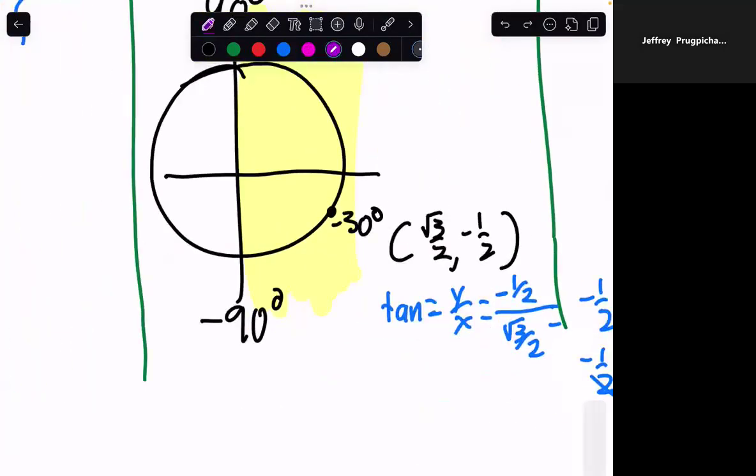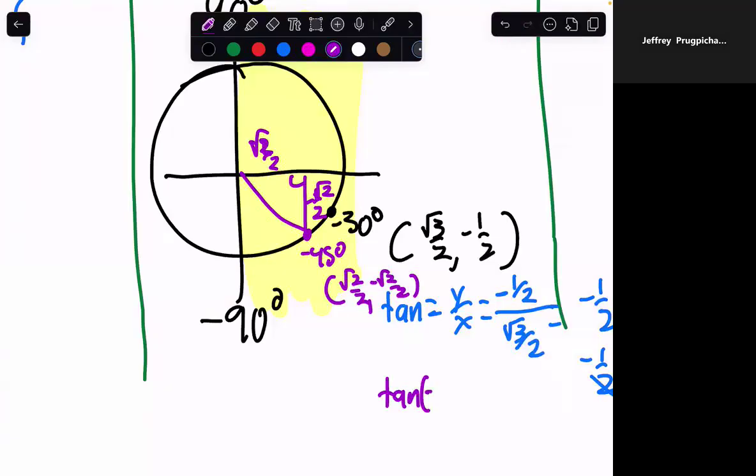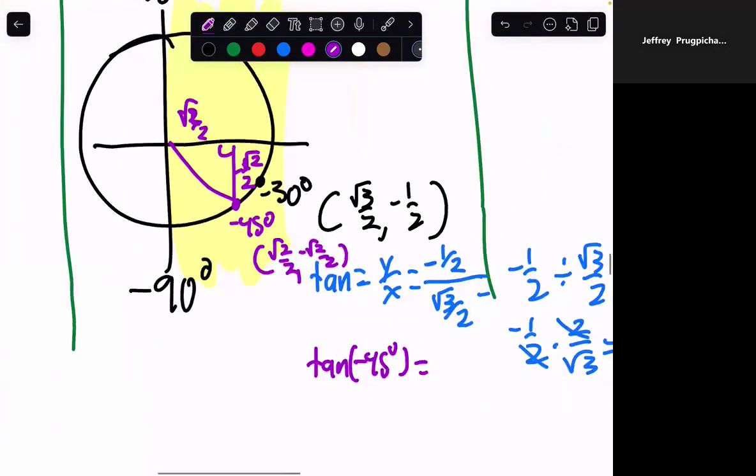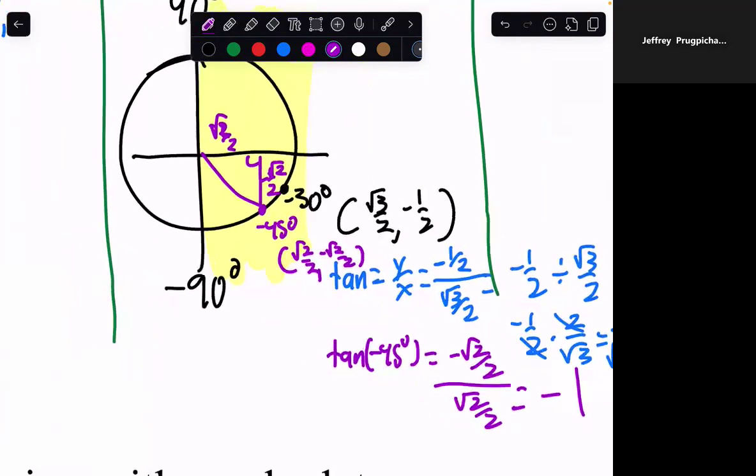So we can try the next angle of negative 45 degrees. But you may recall that for a 45-45-90 triangle, these two sides are congruent. So it'd be radical 2/2 and negative radical 2/2. If you do tangent of this one, it would be negative radical 2/2 over positive radical 2/2, and that'd be negative 1. So it's not that either.